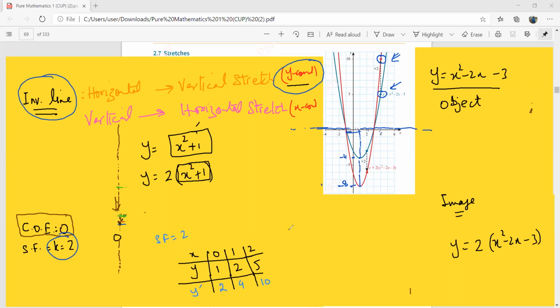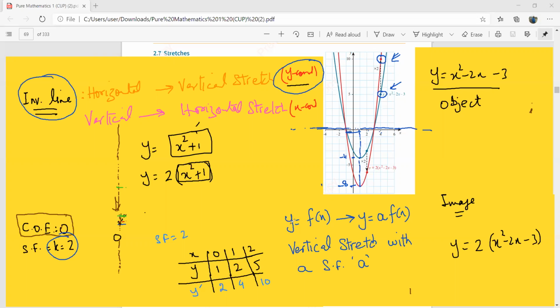So that is what happens to the coordinates of the points on a curve when it is stretched vertically. Now please note it down: when you have y equal to f of x, and this is changed to a times f of x, this represents a vertical stretch with a scale factor a.